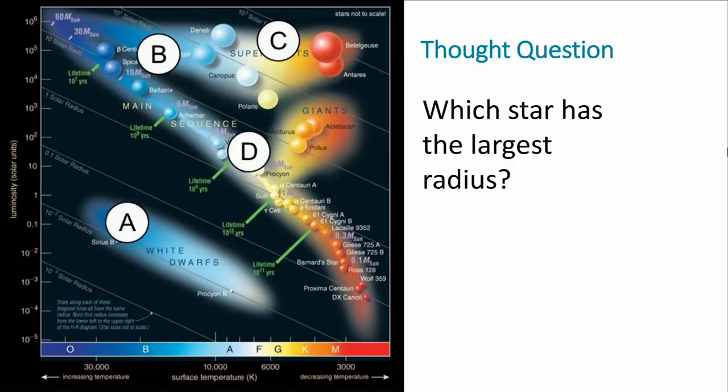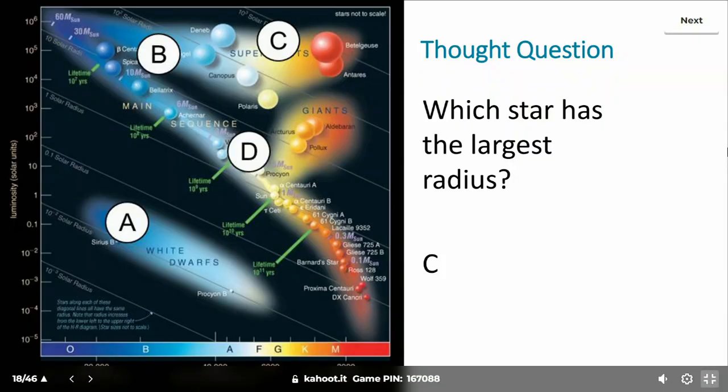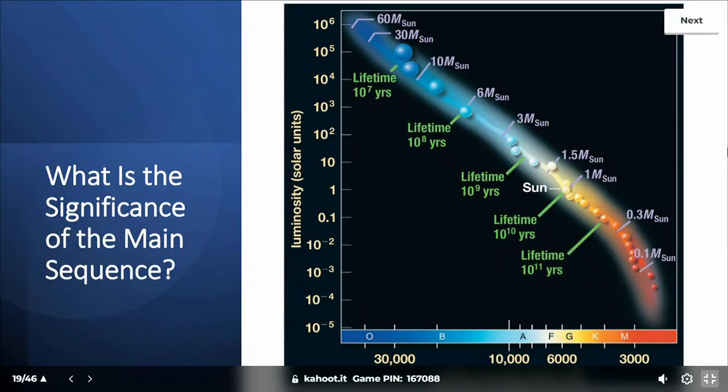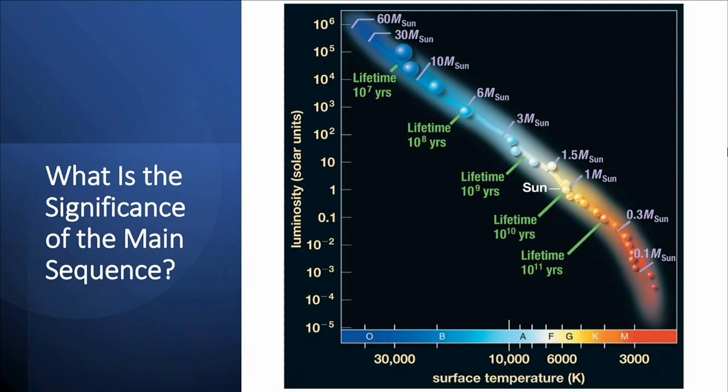So C would have the largest radius, and then it would be B, then D, then A. So that's generally what we do with the HR diagram. Very quickly you can compare lots of different stars and get a lot of information out of them.